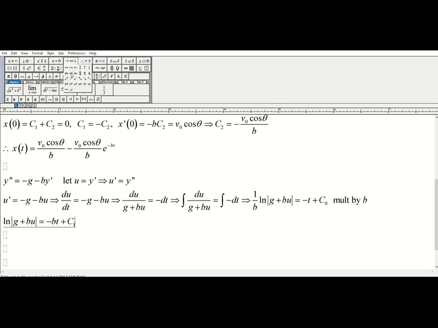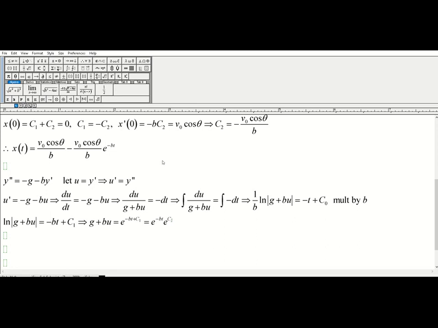Now, I'm going to raise it to E. So I'm going to get just this stuff inside, G plus BU, and that's going to equal E to this whole right-hand side. Now when I do E to the whole right-hand side, I'm going to split these two up. So I'm going to get E to the negative BT, and then E to this new constant, which we named C1.